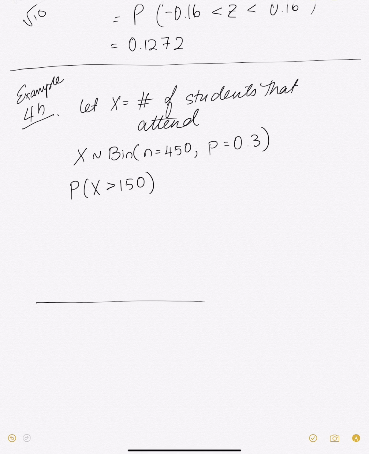Firstly, I like to draw this. So let's say that's the bar for 150. Here's the bar for 151. You want the probability X is bigger than 150, or you could think of this as probability X is bigger than or equal to 151.